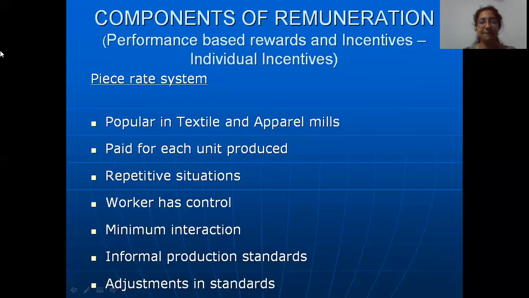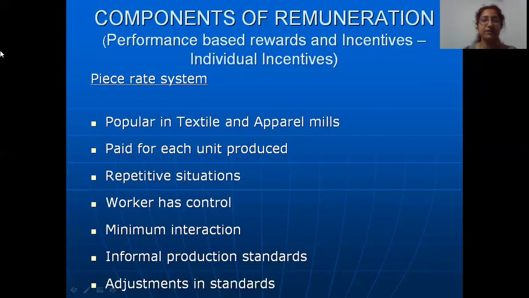Another example is they may be worried that if they increase the production too much, they will create an impression with the management that, okay, these people, rather than producing 1 unit, are capable of producing 10 units. So let us keep that as the new standard. What happened before?